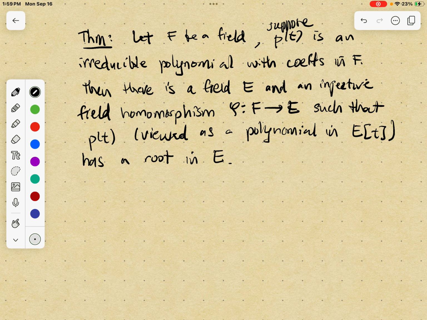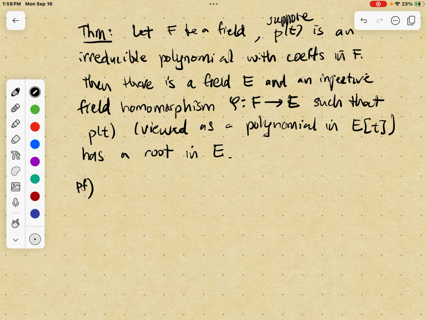Okay, that's the idea. So the proof goes as follows.